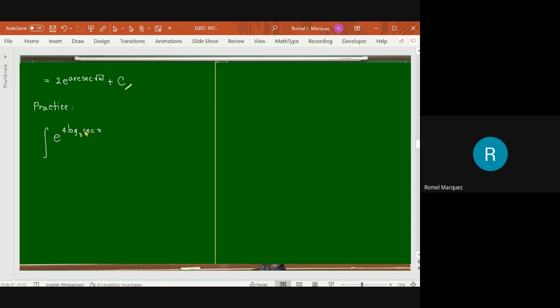Then we have hyperbolic sine. Are you familiar with the hyperbolic sine? If not, you Google it.